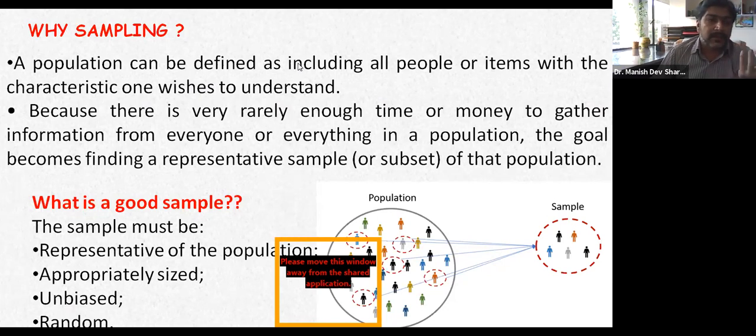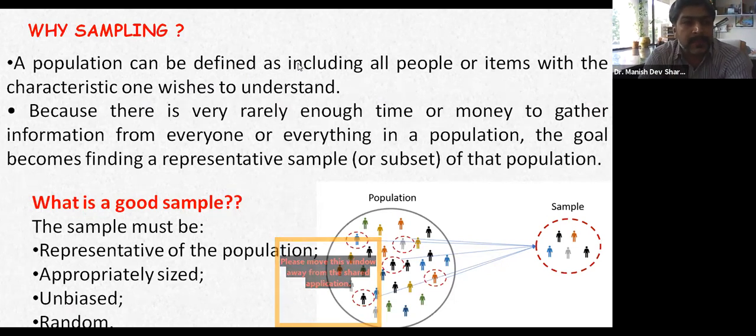The population where we are finding that behavior is basically our sample. For that job, we need sampling, because there is rarely enough time or money to gather the information from everyone or everything in a population. The goal becomes finding a representative sample of that population.